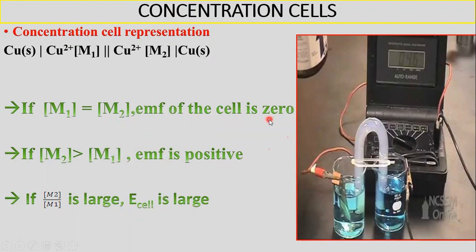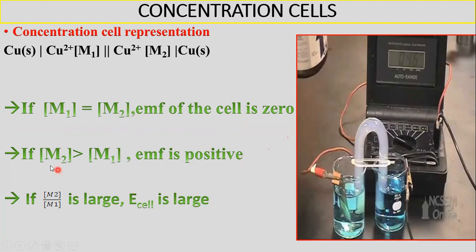So the cell can operate only as long as the concentration terms are different. When current is drawn from the cell, M1 increases and M2 decreases, and as a result, the EMF of the cell goes on decreasing, and when the two become equal, the EMF is zero.